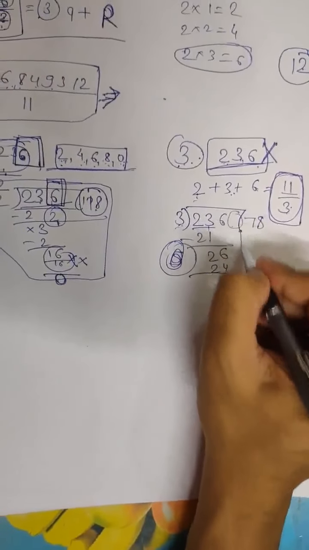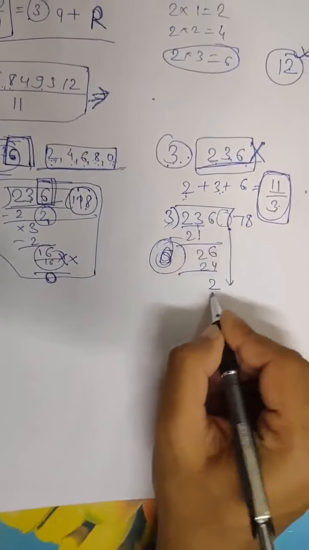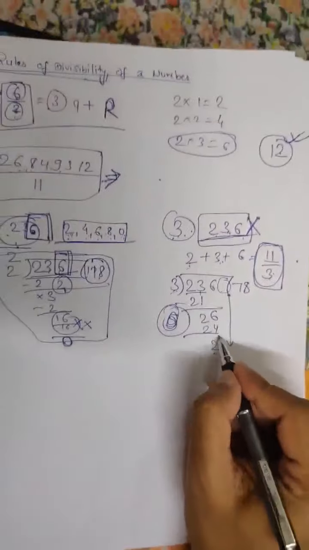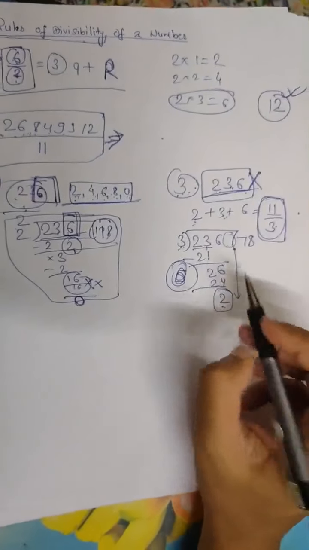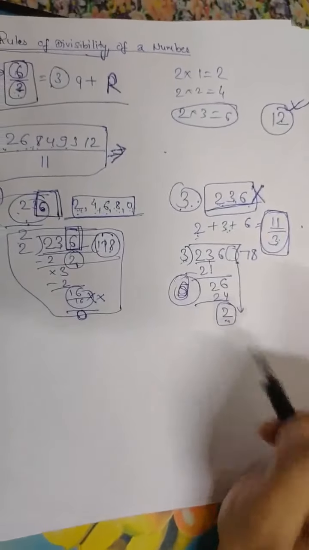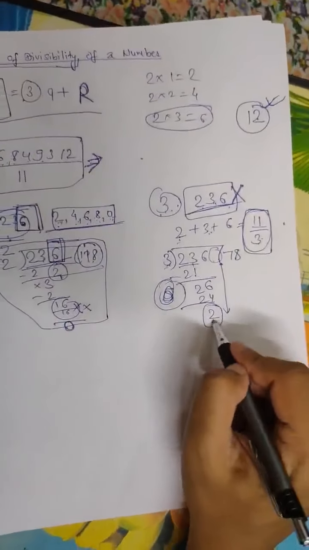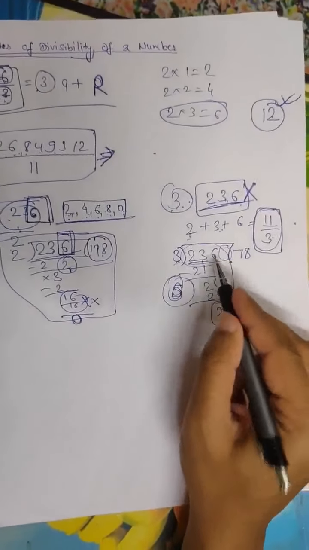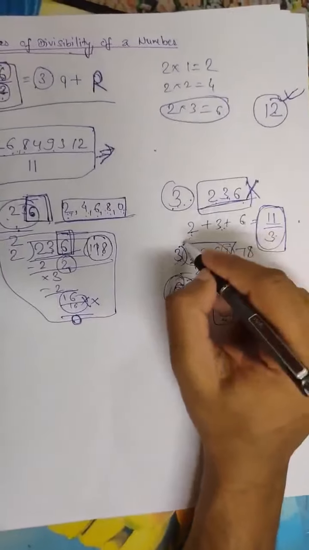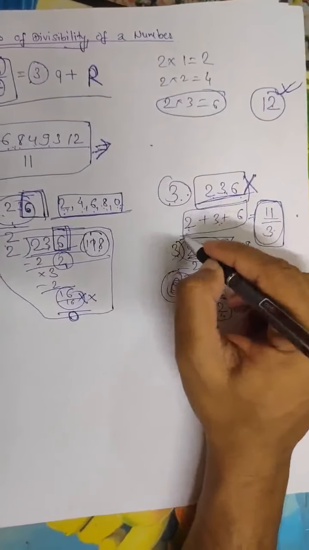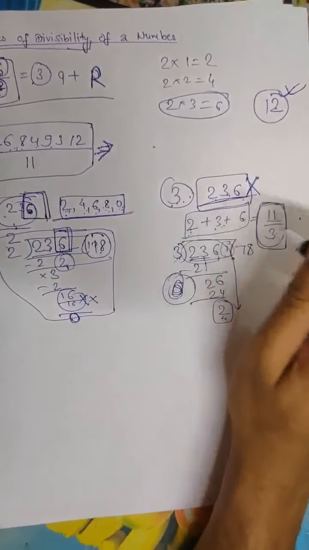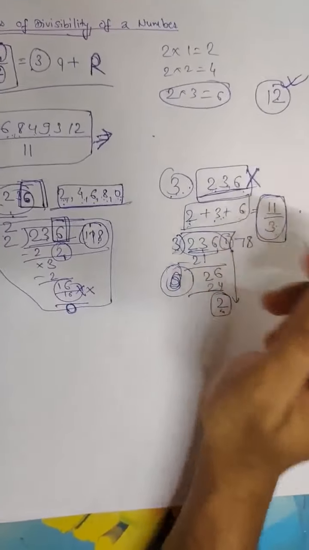We don't have any number here to drop down, this is the last digit, and it's a remainder. It is not further divisible by 3. So this number is not divisible by 3, and the rule also said if the sum of all the digits of a number is not divisible by 3, then the number is not divisible by 3.